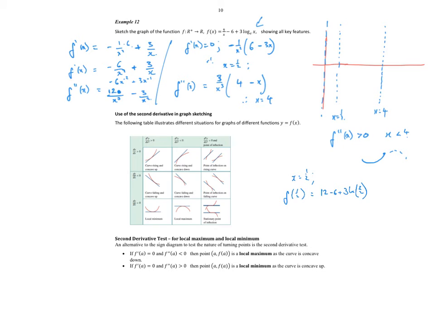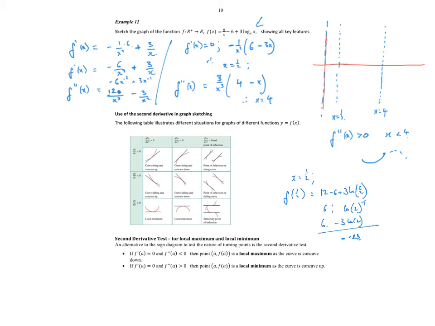So we know that 12 minus 6 is 6. Now, natural log of a half is in fact negative, isn't it? So it's minus 3 natural log 2, which on our CAS gives us about negative 0.23.